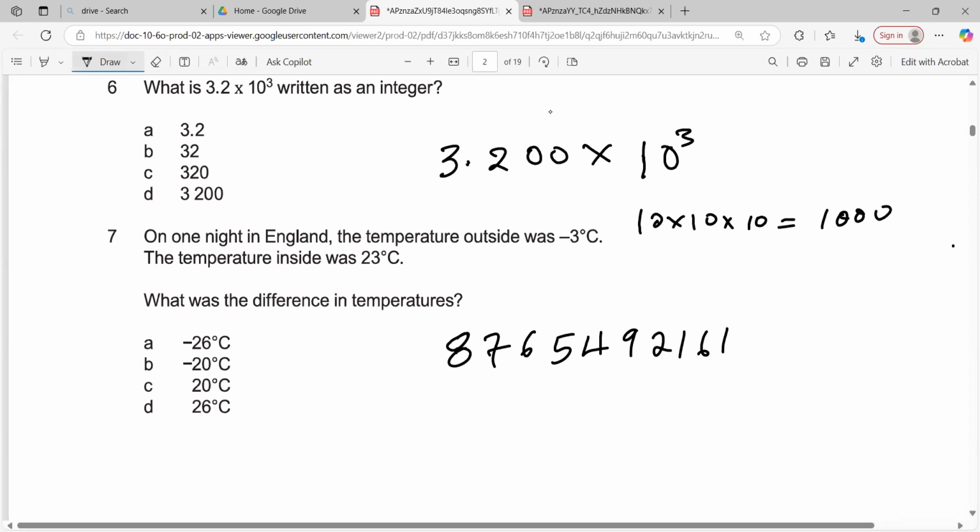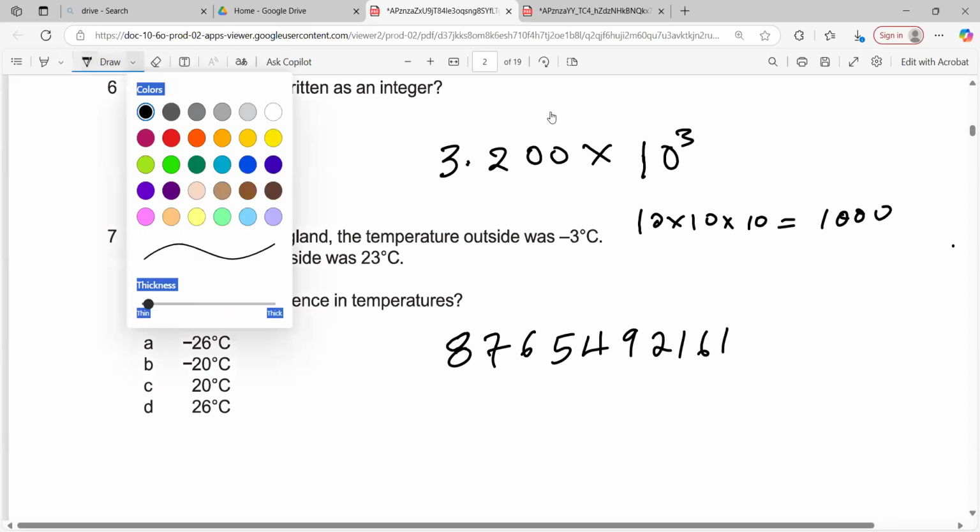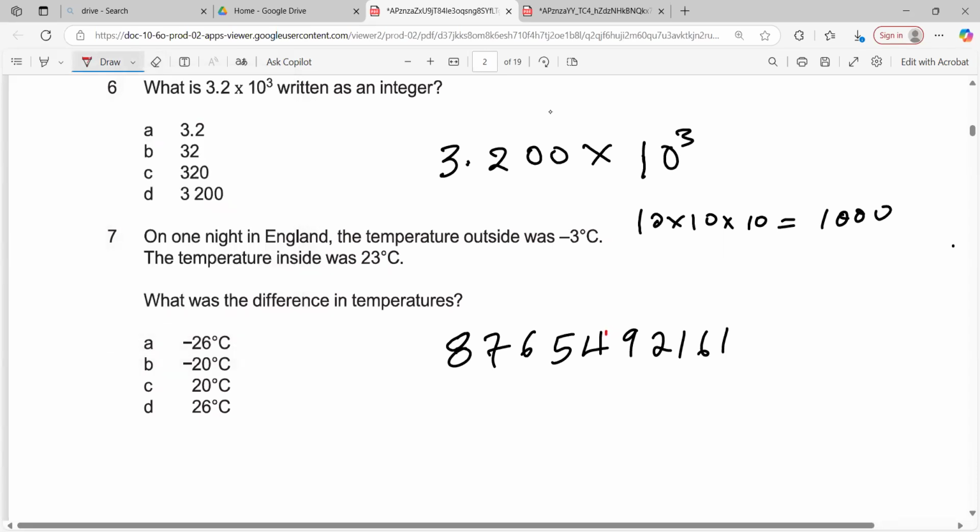That means 3 would have been in the ones place, 2 would have been in the tens place, the first 0 would have been in the hundreds place, and the next 0 would have been in the thousands place.